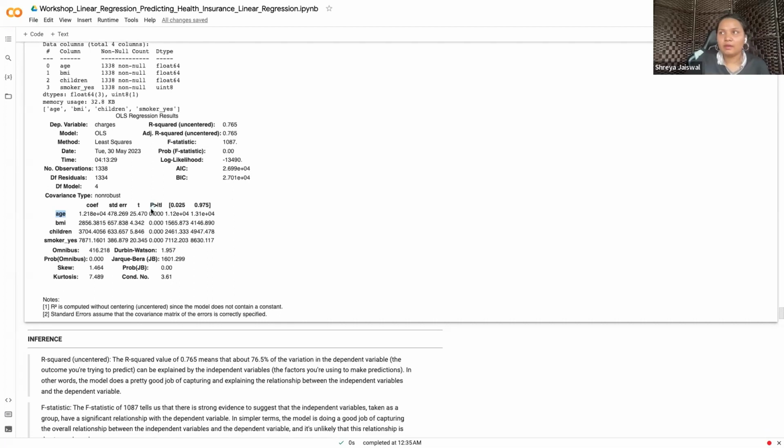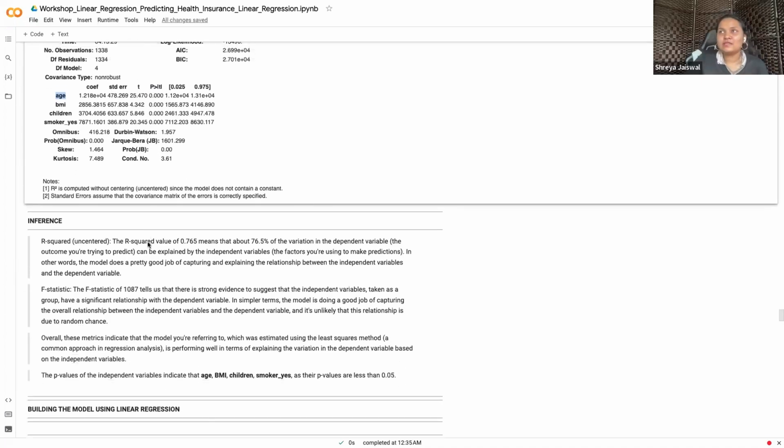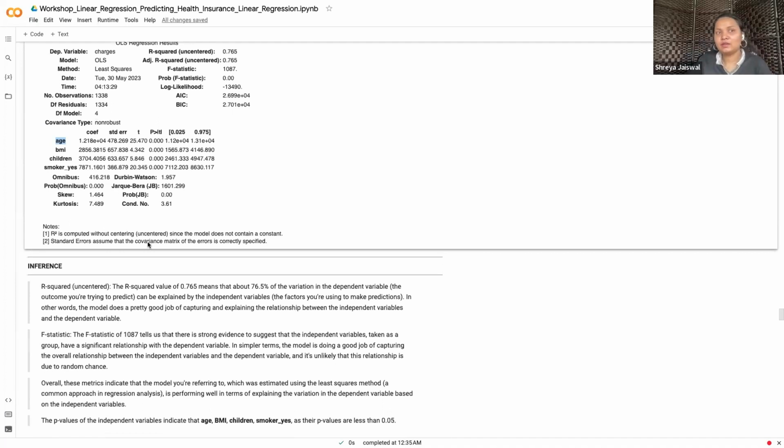Here, all the values we see are lesser than that, so all of them are fairly significant. In simple words, that is what the null hypothesis test tells us.